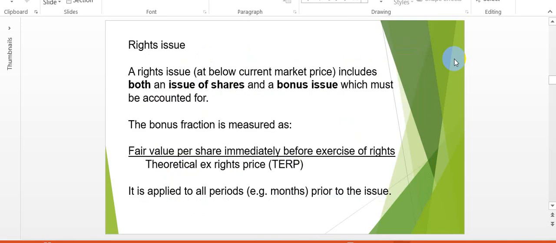A rights issue, as earlier indicated, is when shares are offered to existing shareholders at a discount. So there's cash coming in, but the cash is not coming in at the full market price of the shares, so it means there's an element of a bonus in the rights issue.